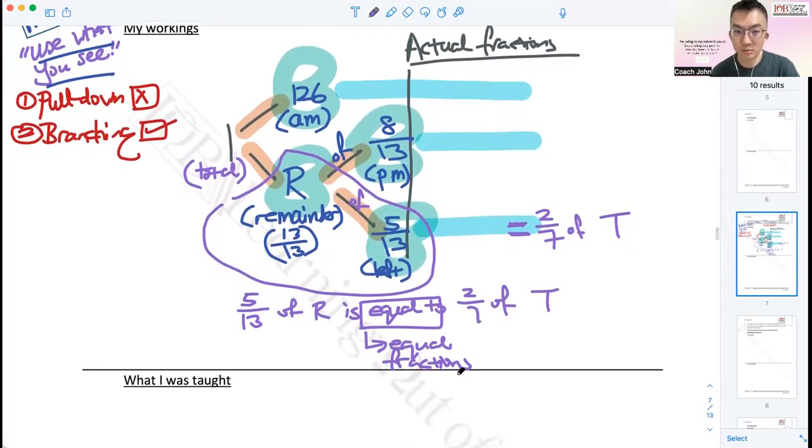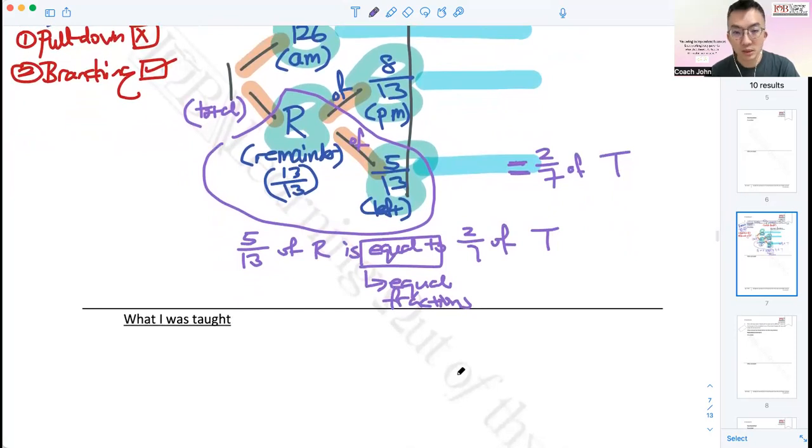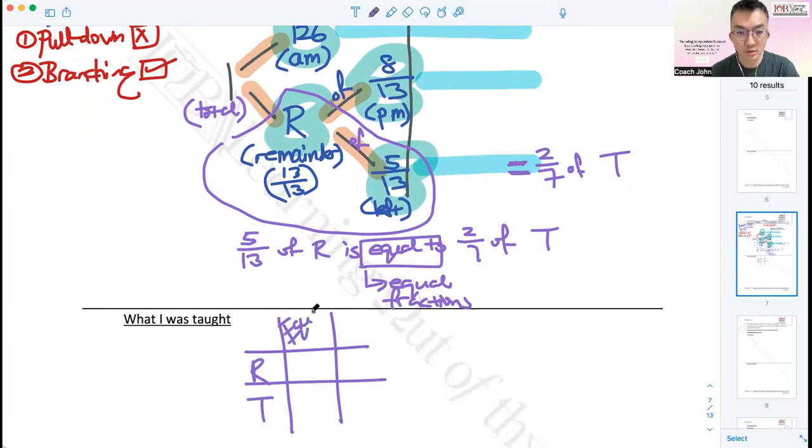Okay, so right now, remember what I told you before. When you see equal fractions, you have to use the method called make numerator the same, or you can use our method called the tic-tac-toe. So we have R and T, and this is the equal fractions. So we have 5 out of 13 and 2 out of 7.